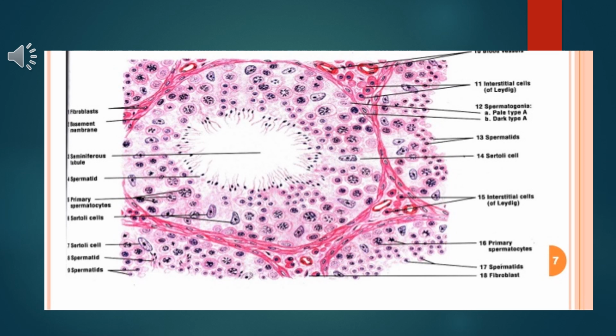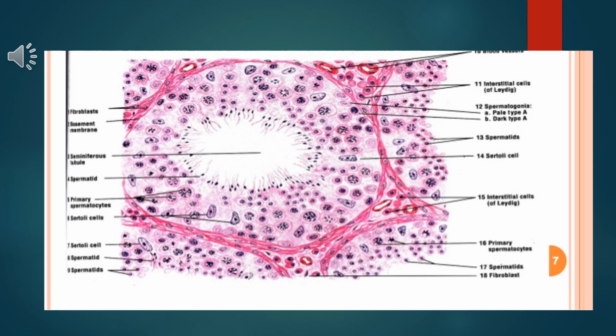So first, the most basal one nearing the basal lamina, we are drawing the spermatogonia. The next you will draw is the primary spermatocyte. This primary spermatocyte further undergoes the meiotic division to reduce the number to haploid, so you will get the secondary spermatocyte.